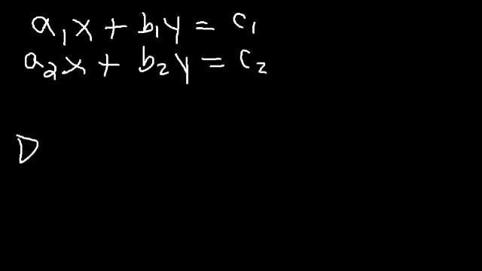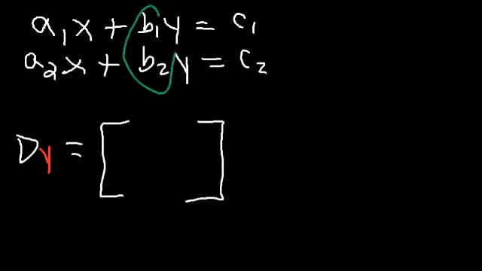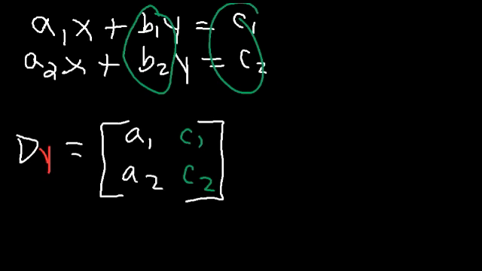To calculate dy, we need to replace the coefficients of y with c1, c2. So c1 and c2 have to be in the place of y, which is the right side. And then a1, a2 is going to be in the place of x, which is the left side.